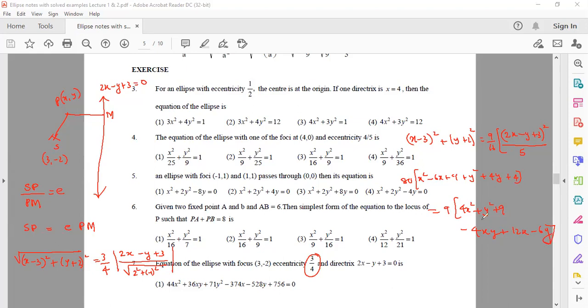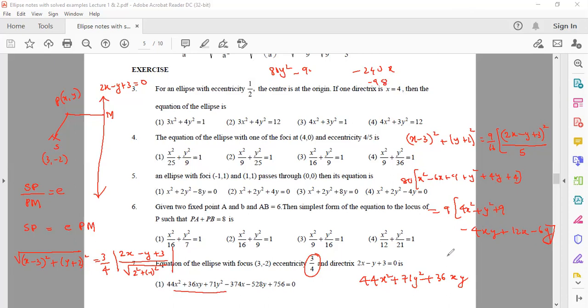Now you calculate this, you'll get 80x² - 36x², so 44x². Then 80y² - 9y², so 71y², plus 36xy, then minus 240x, plus 98, minus 98.